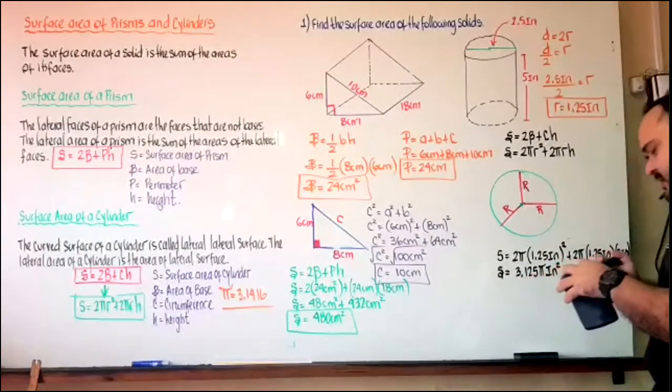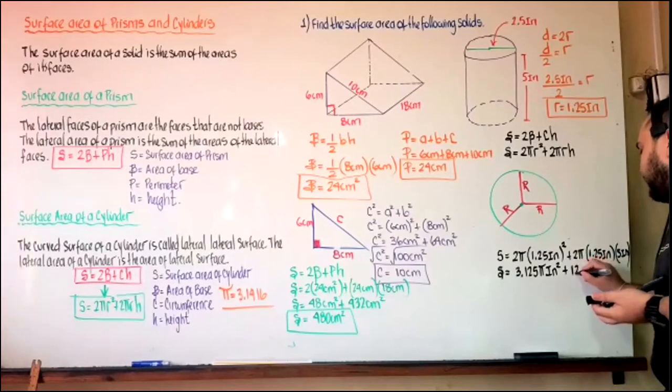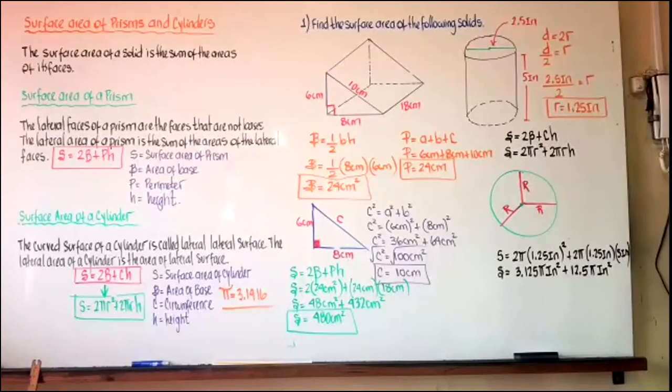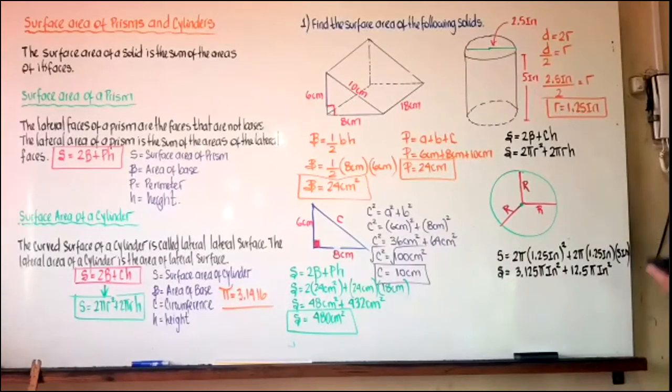Plus, same happens over here: I'm going to multiply 2 times 1.25 times 5, and the result will be 12.5 pi. Why is it 3.125? Because 1.25 to the second power is the first thing we have to do, and after that, multiplying by 2 gives 3.125.